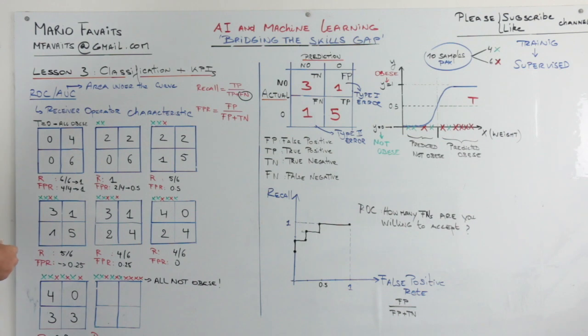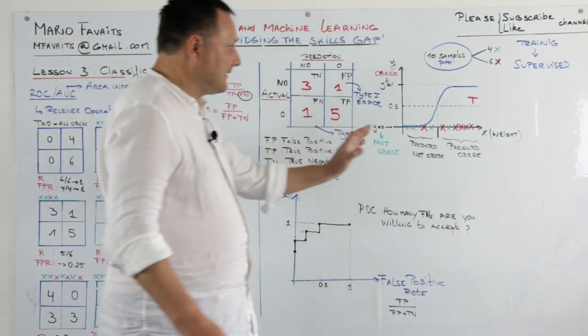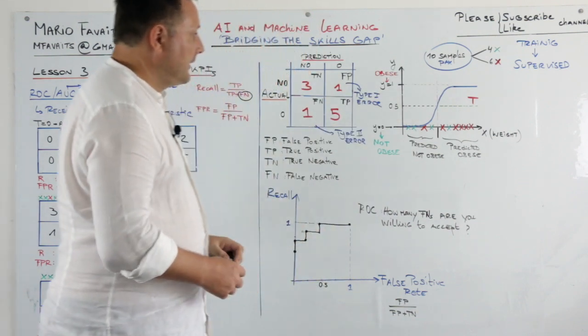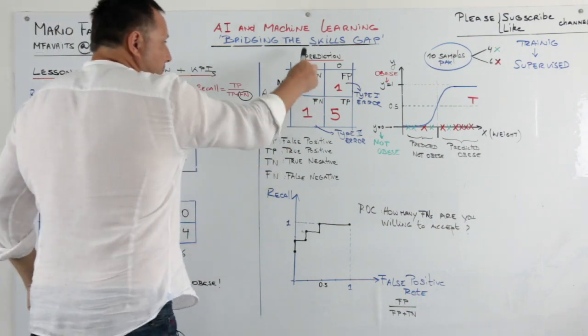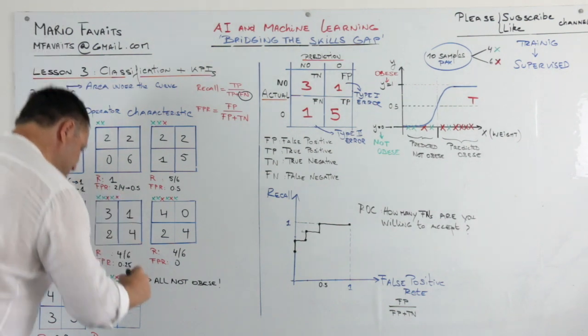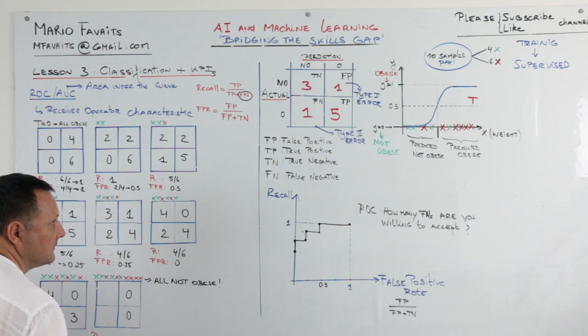Okay. Now we can actually go completely to the right and decide that all are not obese. So we predict all not obese. Everything on the obese side is 0. This will be 0 and this will be 0.